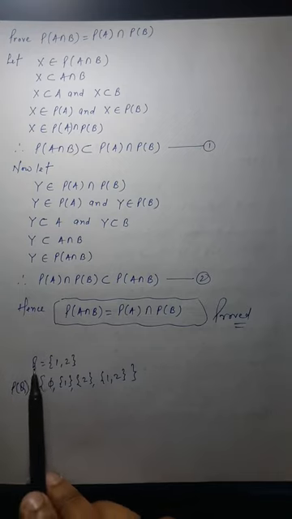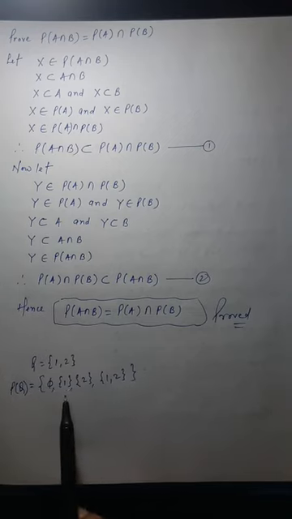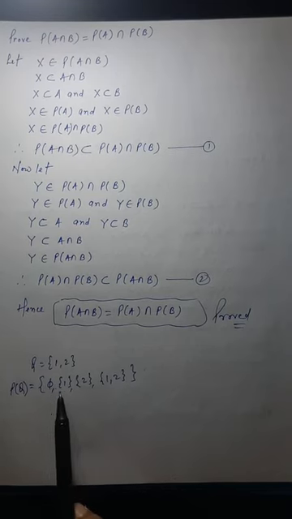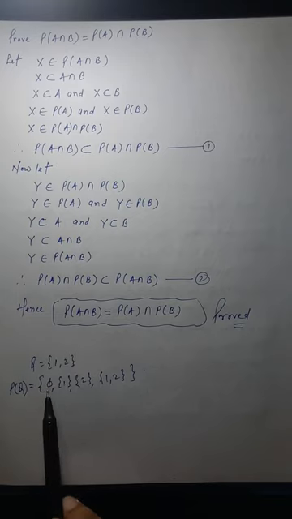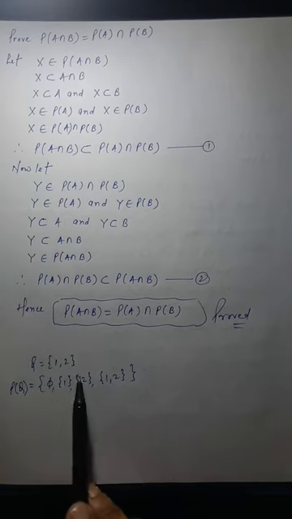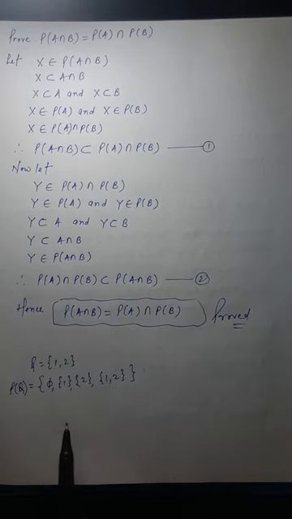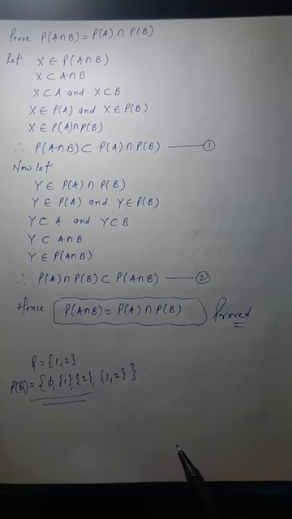Power set of a set is a set whose elements are the subsets of the given set. It means you write all the subsets of Q, which are the null set, {1}, {2} and {1, 2}, and make a set. So this is a power set, right? So please just note this point.